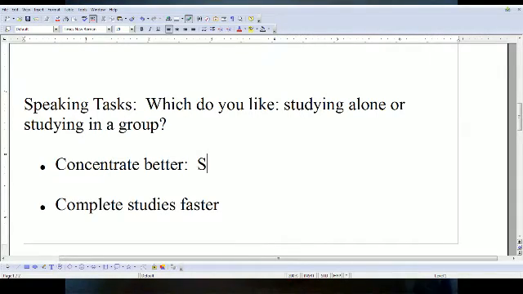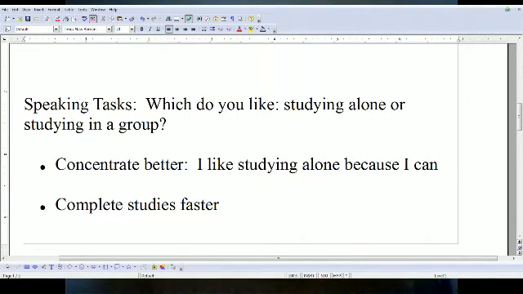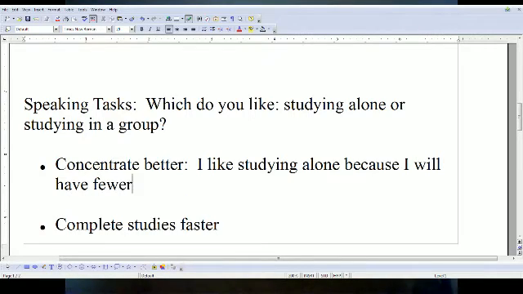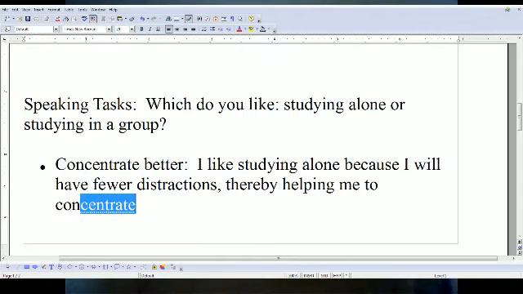You might say something like, thereby helping me to concentrate.